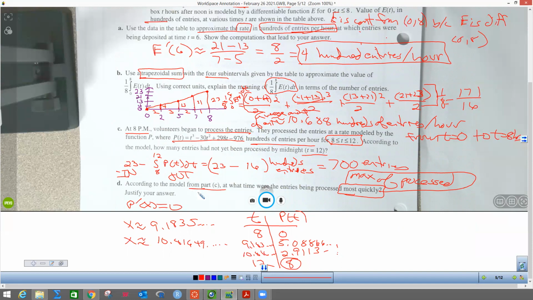So this says, according to the model of Part C entries processed, at what time were the entries processed the most quickly?